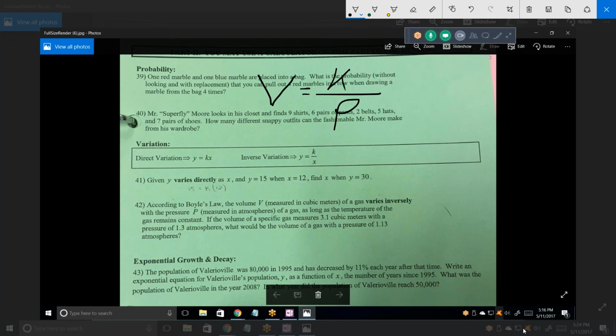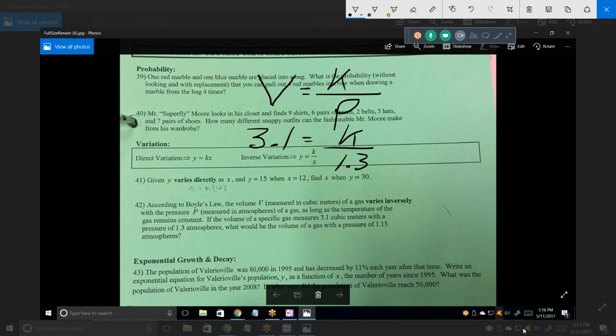Now they're going to say if the volume of the gas measures 3.1 when the pressure is 1.3, that's going to let us solve for K, right? So let's do it. Tell me what to write. So 3.1 is V, which equals K over 1.3, right?